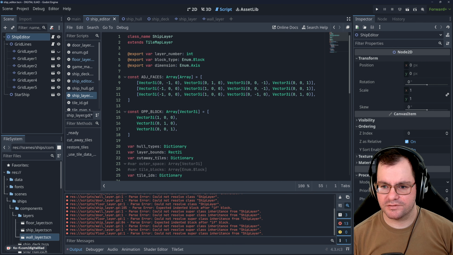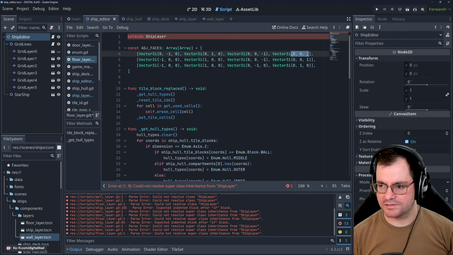So the floors are going to, we're going to get rid of this. Or we'll just put a 0. We'll just put Vector3.0 at the end. That's a waste of time. Well, we'll just get rid of this.